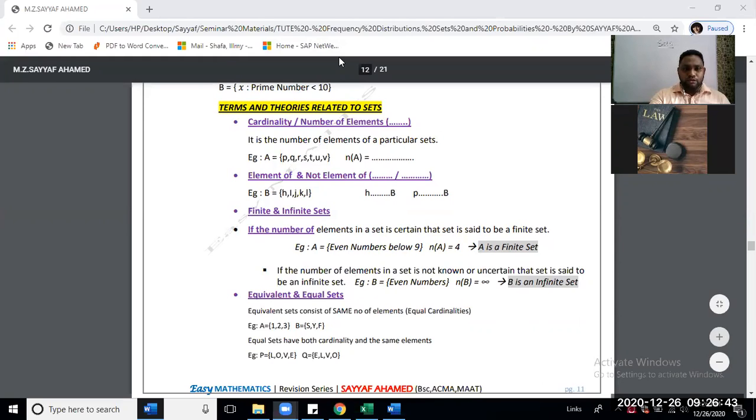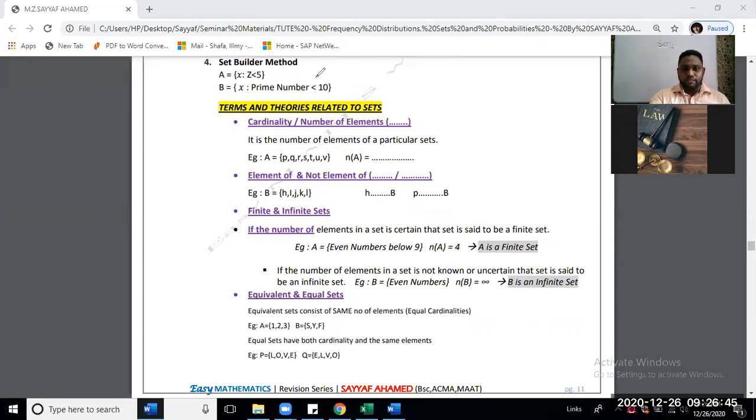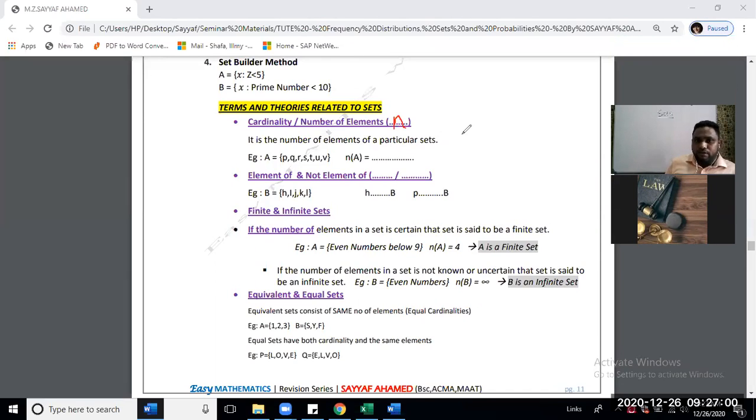So let me also draw the symbols with you. If you look at the cardinality, it is the number of elements, and the symbol is simply n, right? So what is the meaning of cardinality? The cardinality is not much used by teachers, but it's there in the past papers as well. Cardinality means the number of elements in a particular set.